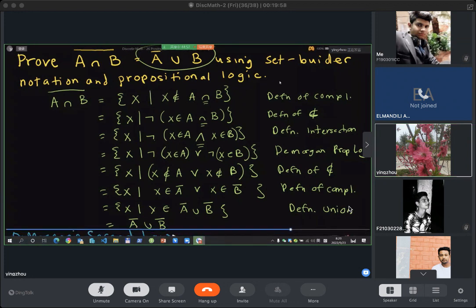So the second way just uses the set builder notation, because in the set builder notation the proposition is just described using propositional logic to describe the set feature.